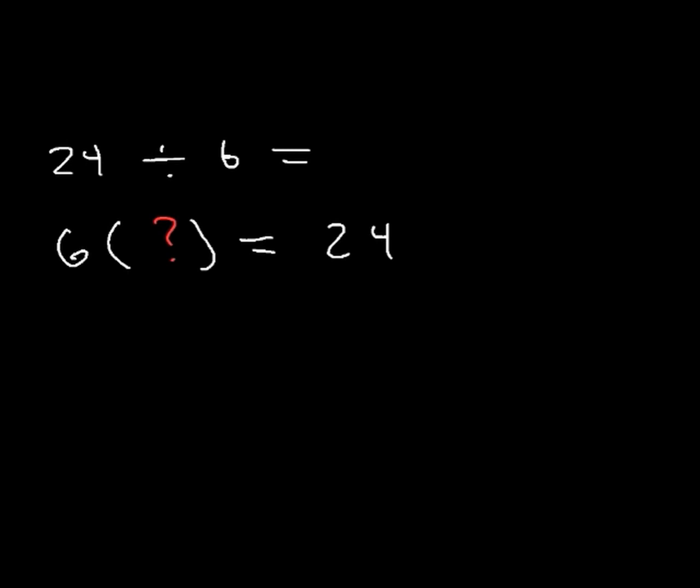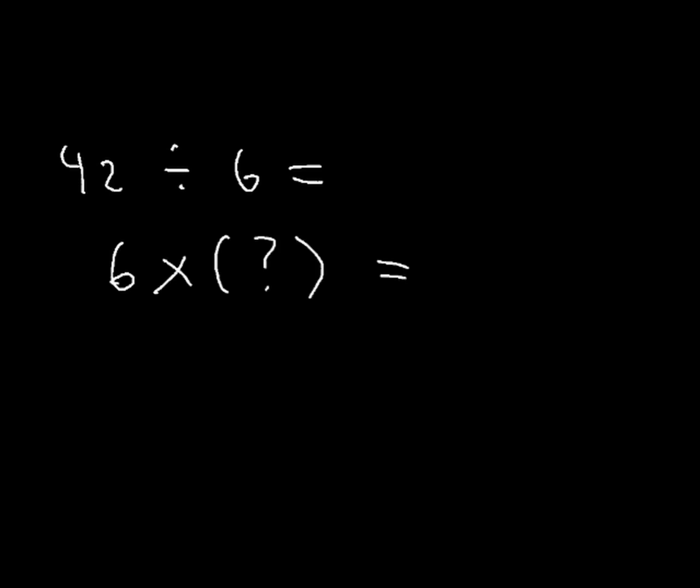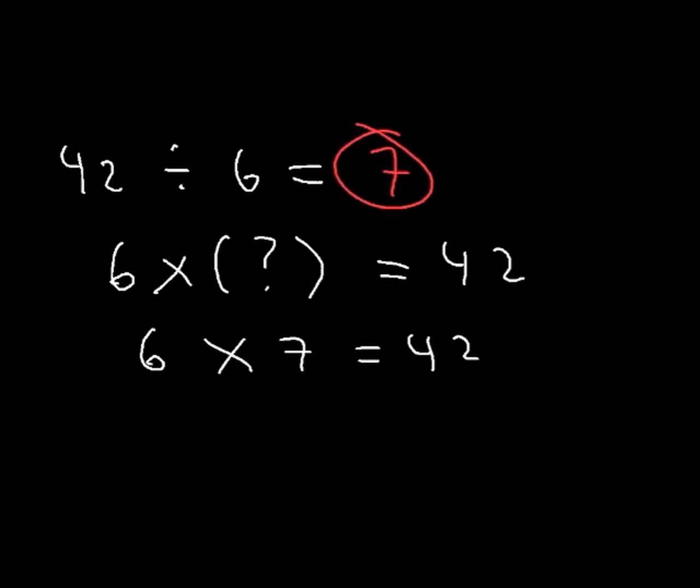You can check your answer with the calculator though. 24 divided by 6 is 4, because 6 times 4 is 24. Okay, let's try one more example. So what is 42 divided by 6? Or 6 times what number is 42? Since 6 times 7 is 42, 42 divided by 6 is 7.